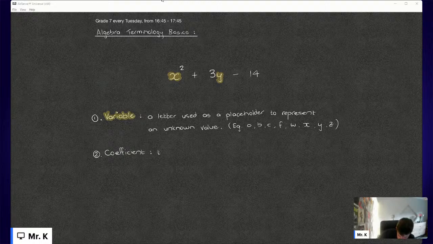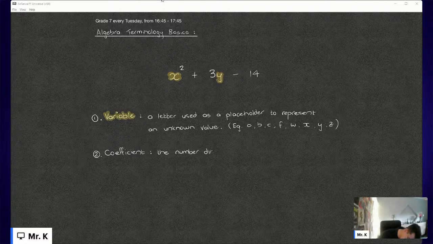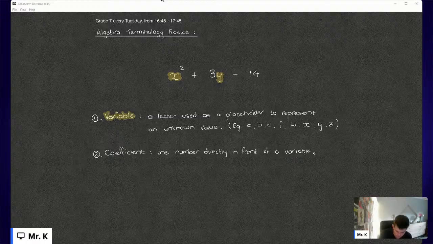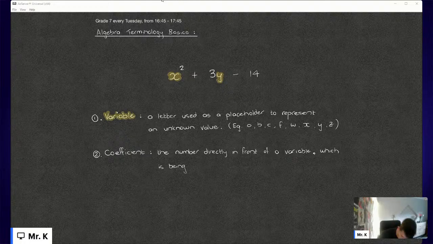So it is the number directly in front of a variable which is being multiplied by that variable.